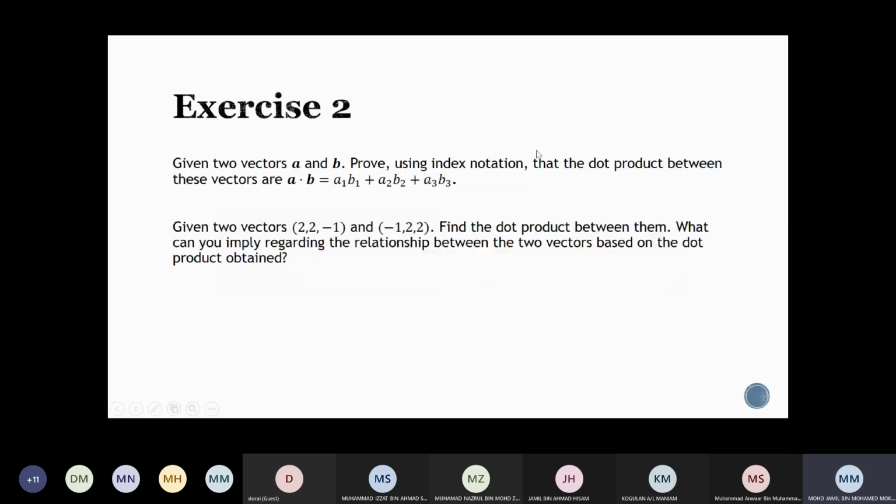So you can write A dot B equals Ai ei dot Bj ej. We can factorize A and B, so Ai Bj, because Ai and Bj are now constants. So the vectors are now represented by ei and ej.